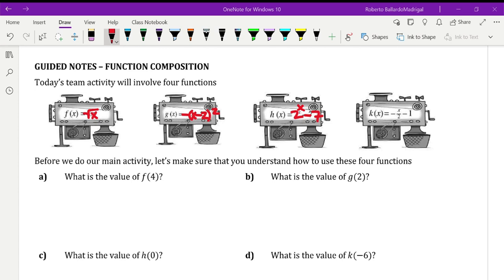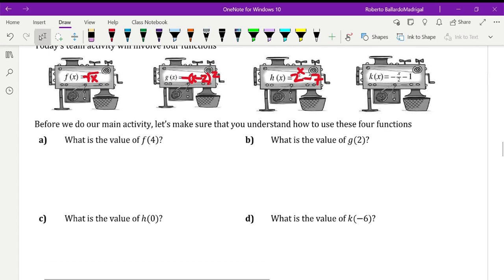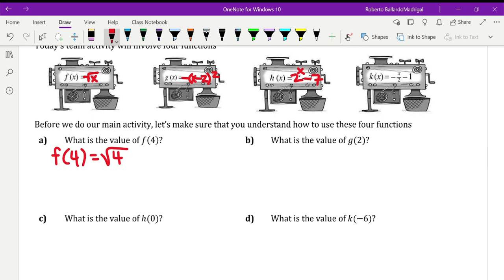Let's start with A. What is the value of f of 4? Let's rewrite this. F of 4 means we want to find the square root of 4. What is the square root of 4? We're looking for a number times itself that gets you 4. That number is 2. The square root of 4 is 2.